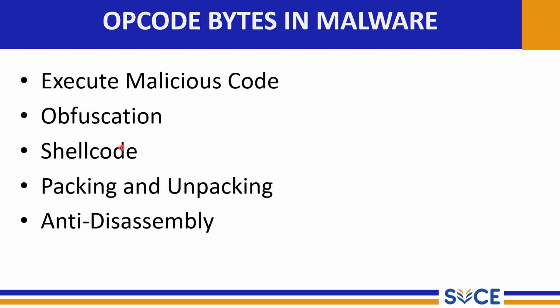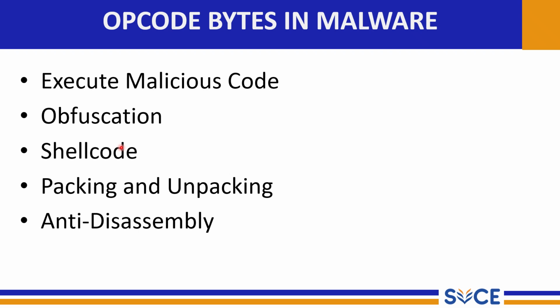And next, packing and unpacking. Malware may be packed or compressed to make it harder to analyze. The unpacking routine consists of opcode bytes that decompress the malware and restore it to its original form. And next, anti-disassembly.